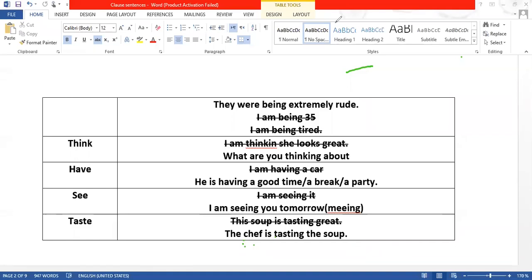So here we have this adjective, and that cannot be in a continuous tense. And this 'have' can also be an action.